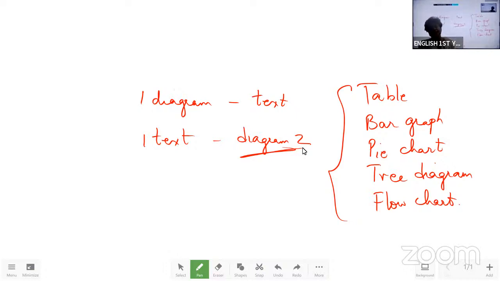Text, however well you write, it is not feasible to give you full marks. Not that I'm saying you won't get, but preferably diagram fetches you full marks. So go in for a diagram, draw it neatly, color it, and prepare a key for the bar graph and the pie chart. And remember, in pie chart, it is always even number.